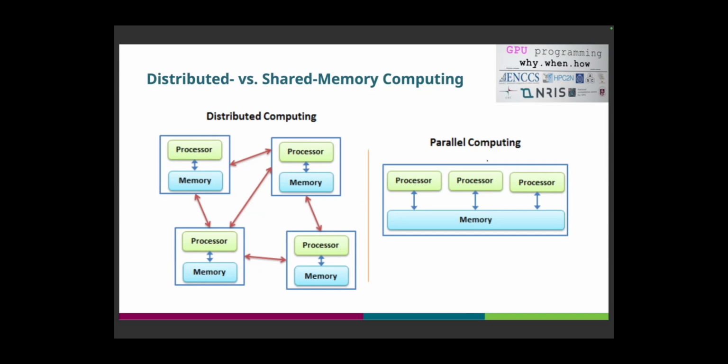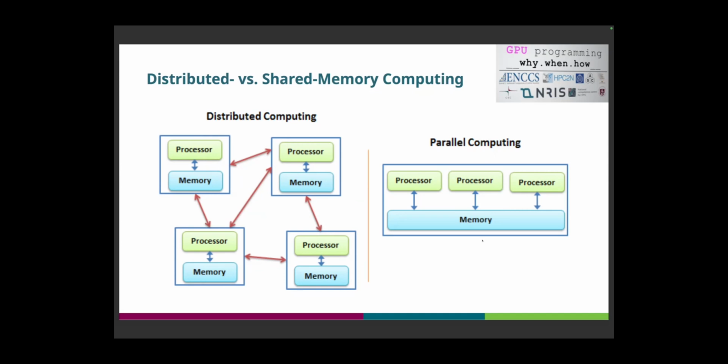In this regard, the GPUs are closer to this kind of shared memory machines. We have many cores which execute threads together, and they try to solve a problem. This problem resides in the global memory, and all of them can read the data and modify this data which is in the memory.